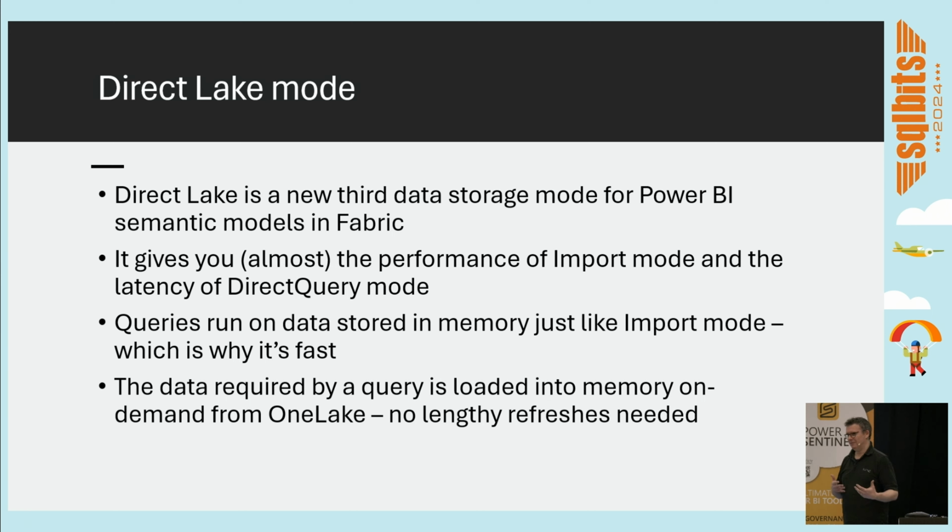And it turns out that the format used in Parquet files is very, very similar to the format used by import mode to store its data in memory. So what the clever people on the development team worked out was that, hey, what we can do to page that data in super quickly is read the data in the Parquet files, which happens to be in a very, very similar format to the format that we need for import mode, and we just change it on the fly to the format needed for import mode.